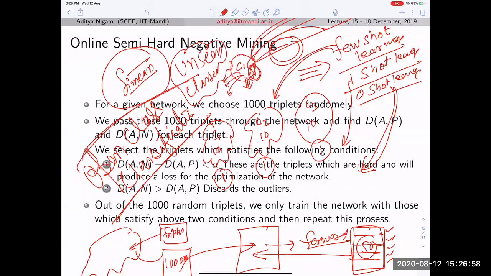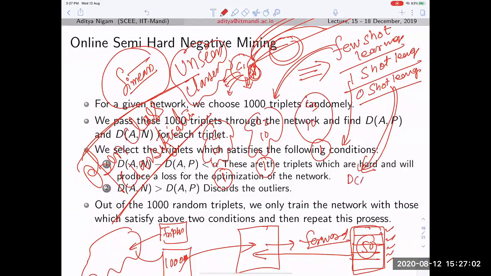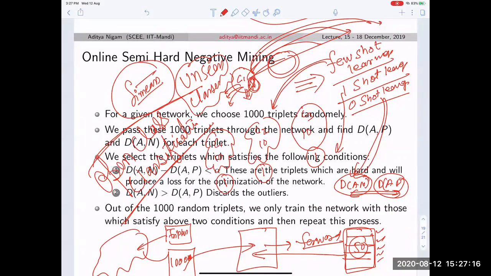Exactly the same thing is happening: DAN and DAP, there is a distance between them, this has to be high, this has to be low, and the difference between them should be less than alpha. Then only that's a hard triplet, because it has not followed the social distancing.